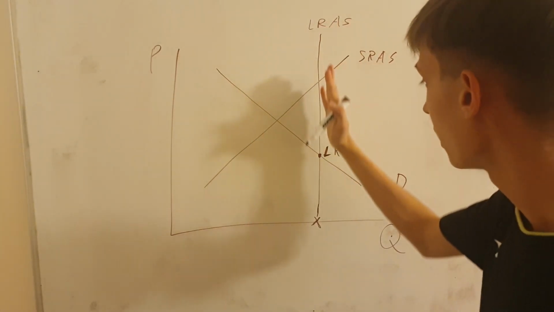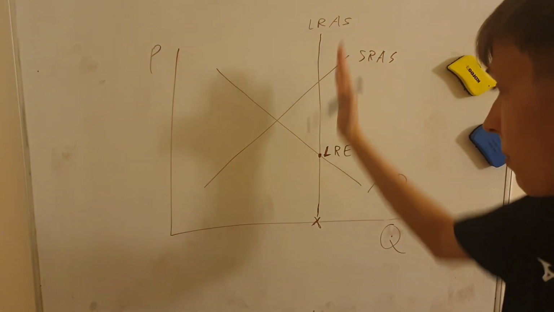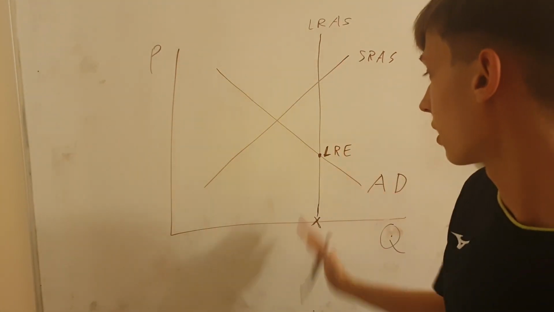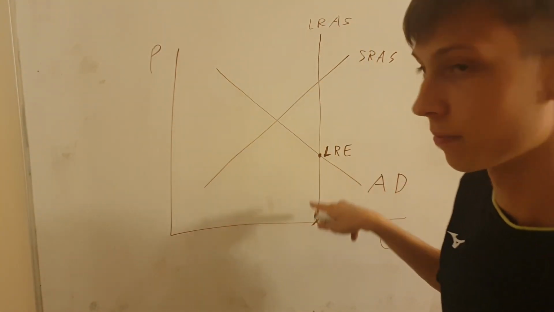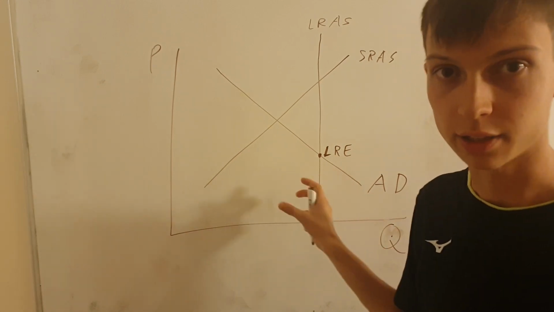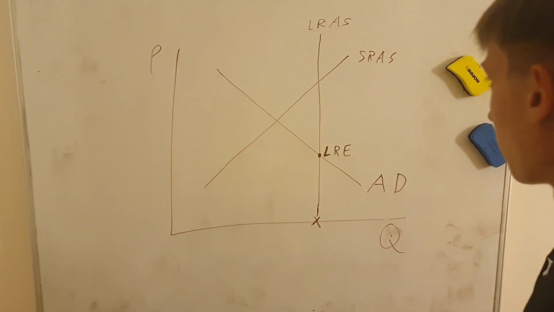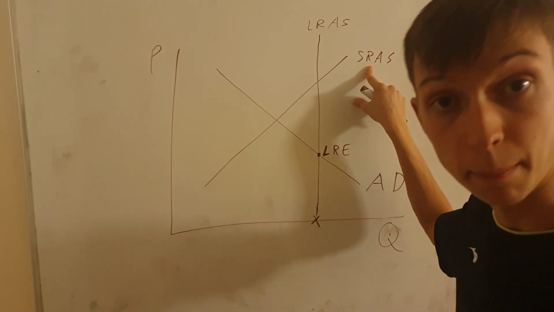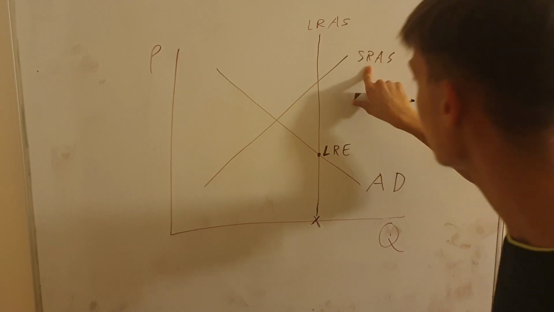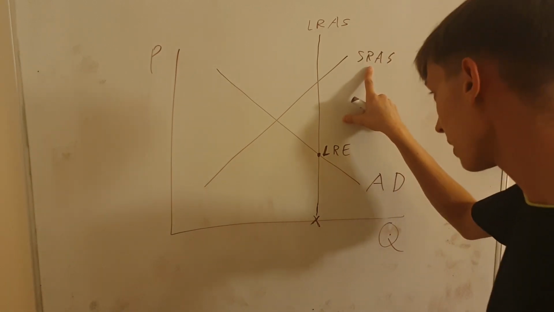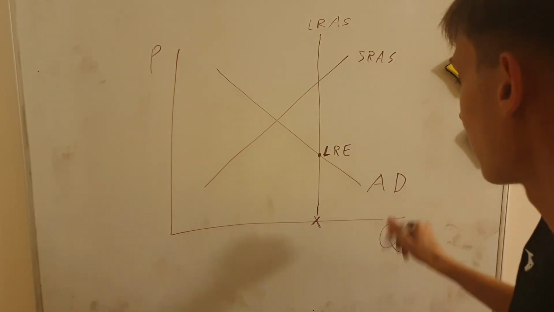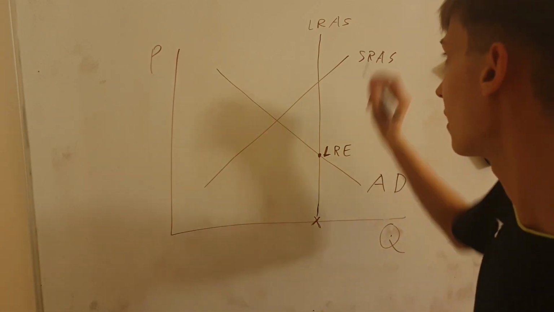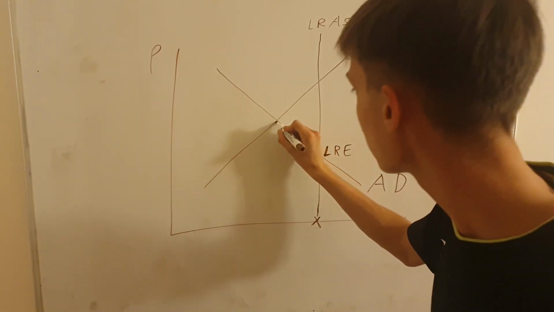This one talks about the static long-term ability, the full employment state of the country, what it is able to sustain in the long term. This one, in contrast, just talks about a shorter time period, and it is sloping, so by nature it intersects this AD at a different point than the LRAS did.